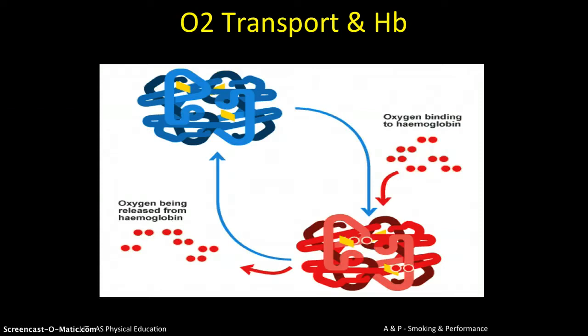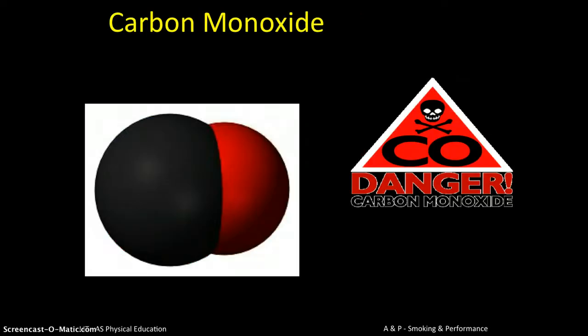Now, smoking, in relation to our ability to transport oxygen, it's all to do with carbon monoxide. Carbon monoxide is something that you take in when you smoke, and actually it's incredibly serious in terms of your health, because it's effectively poisoning you if it builds up and builds up and builds up.